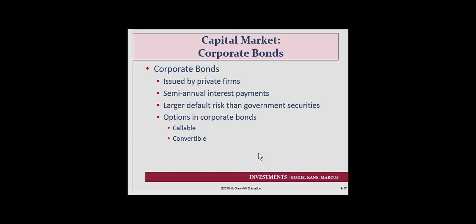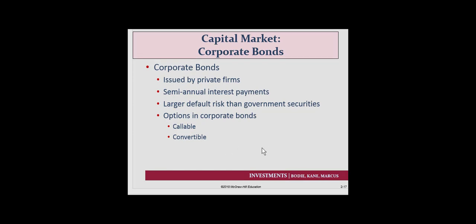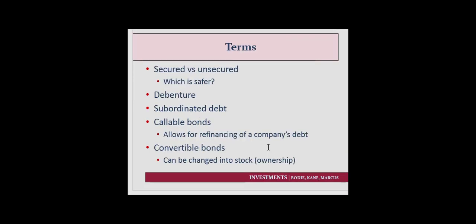There are different options or conversions of these things that we can buy. If you think about different kinds of debt, we have debt that's secured or unsecured. Secured means it has collateral. Unsecured means it does not have collateral. A debenture is the name of an unsecured corporate bond.